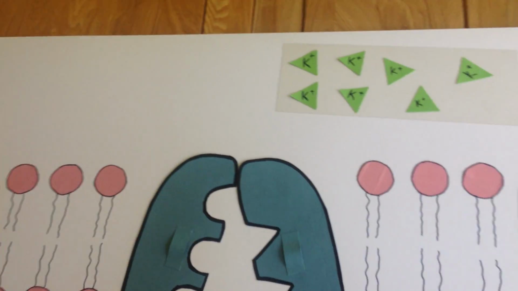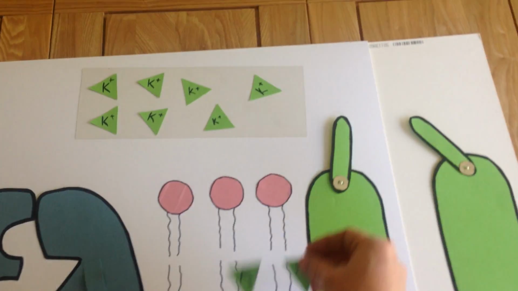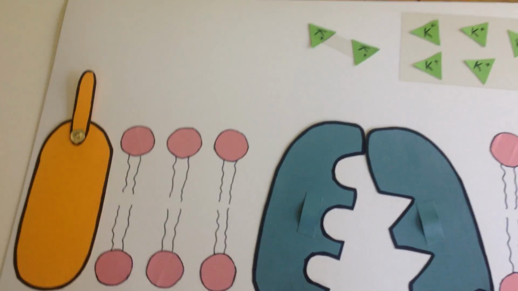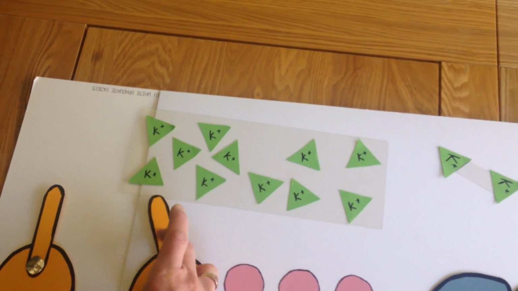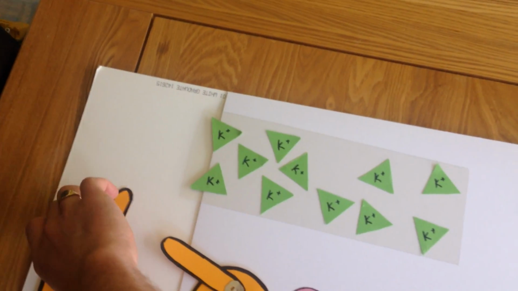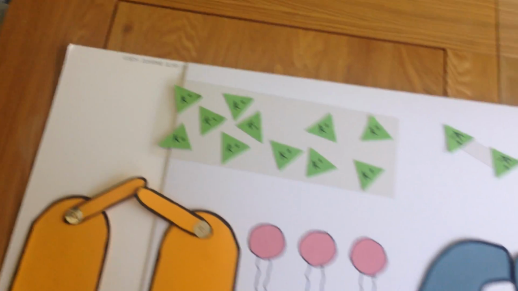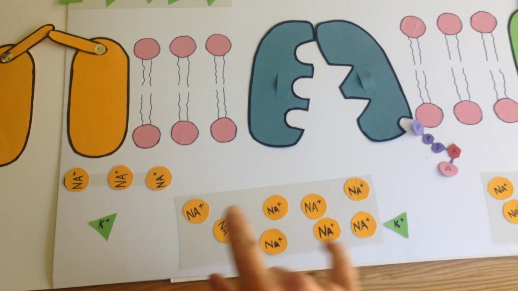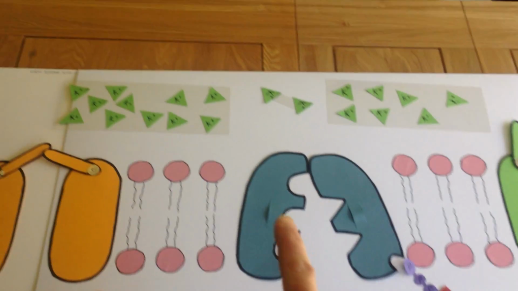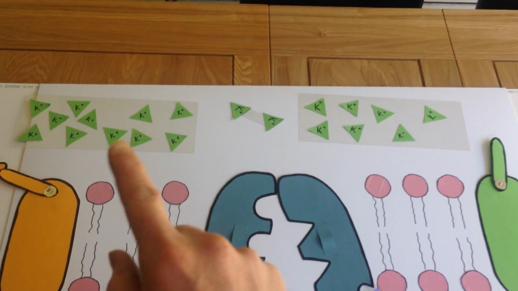Okay? So potassium then leaks out outside the cell. And these sodium channels had shut as well when the voltage reached a really high level. So now we've got this the wrong way around. We've now got all the sodium on the inside, and we've got all the potassium on the outside.